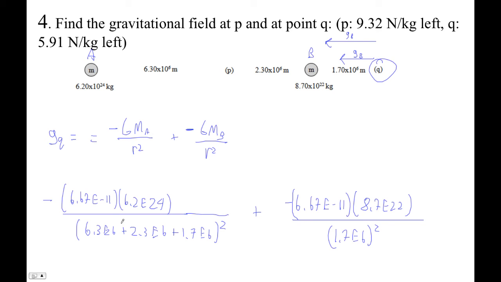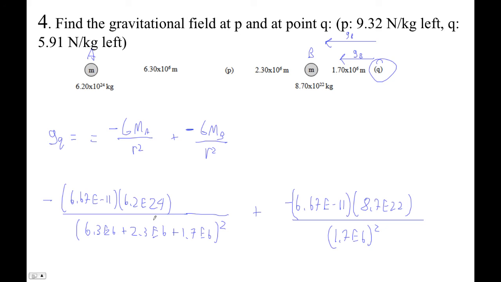All right, here we go. Are we ready for this? I think we are. Wow, this seems really complicated. It's not too complicated. Negative 6.67 E minus 11 times 6.2 E24 divided by parentheses 6.3 E6 plus 2.3 E6 plus 1.7 E6, right parentheses squared.